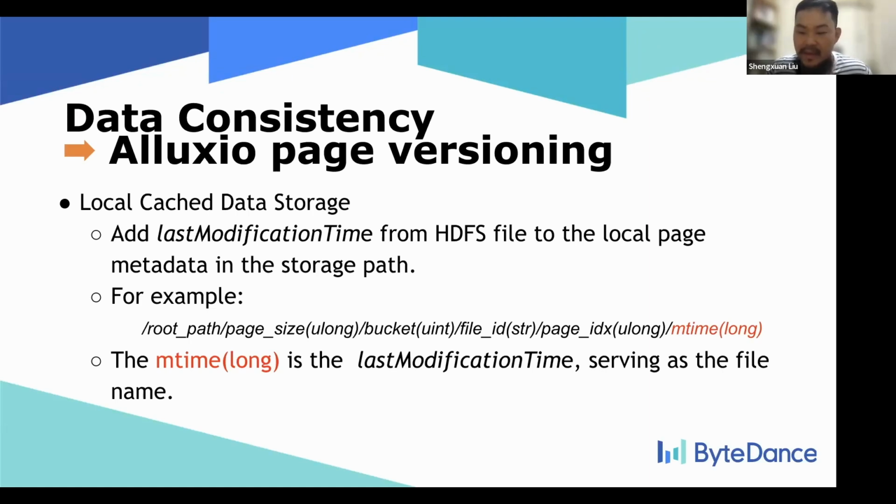In our usage, we added the last modification time as the cache file name. In this way, we are able to store the last modification time with the locally cached page files.